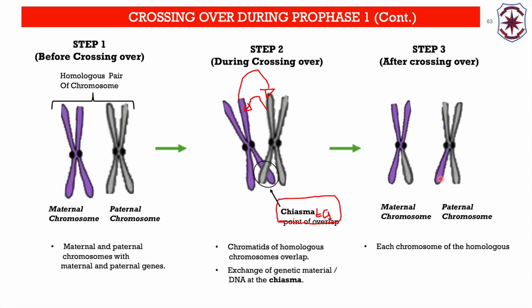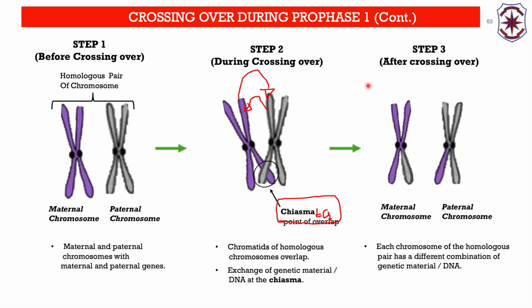Okay, so at this stage, each chromosome of the homologous pair has a different combination of genetic material, as you can see there, or we can say a different combination of DNA. All right. So that is crossing over during prophase 1. What you need to know is what is crossing over, the definition.